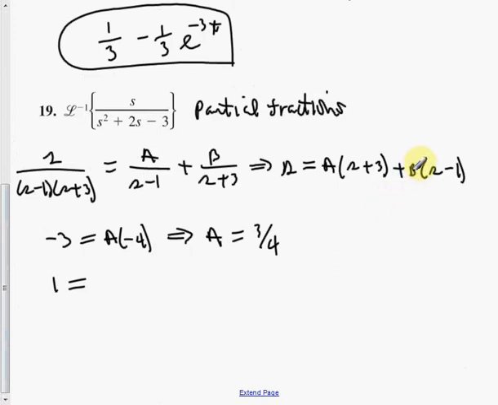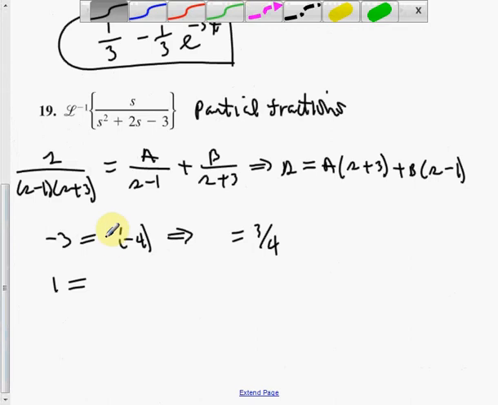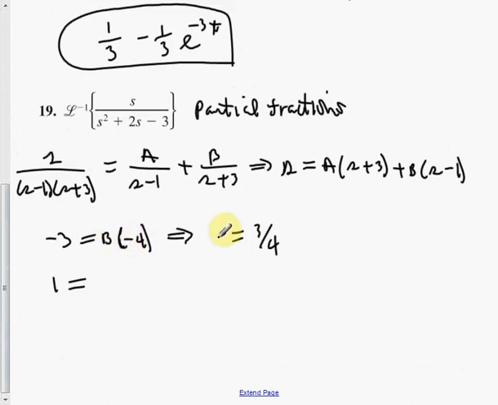Sorry. So here we let S equal to 1, that cancels out the B, so we have 1 is equal to A times 4, so we get 4A, and that gives us A is equal to 1/4.